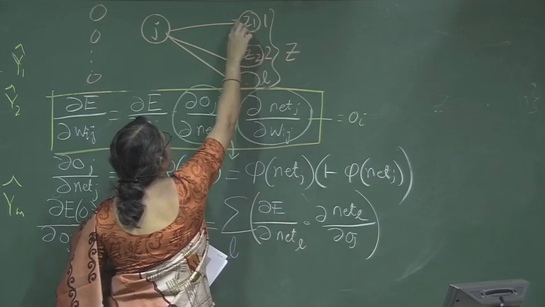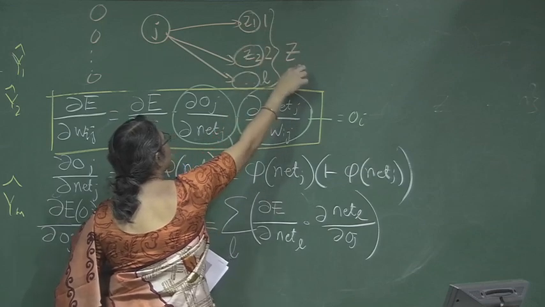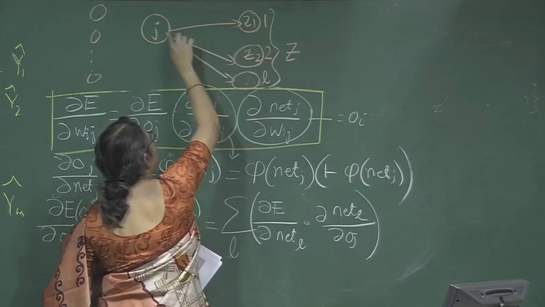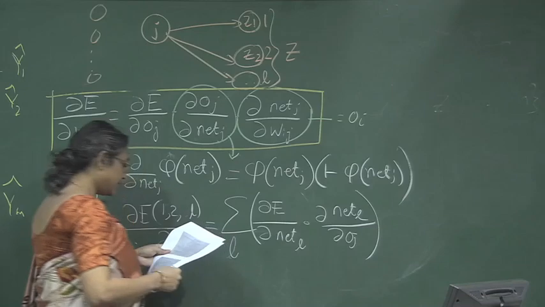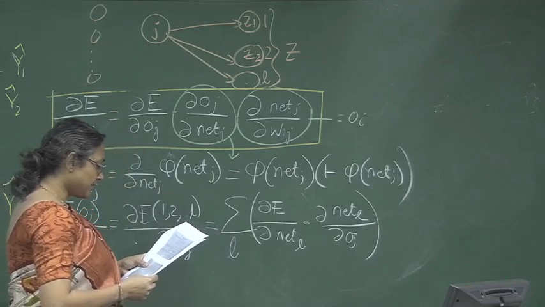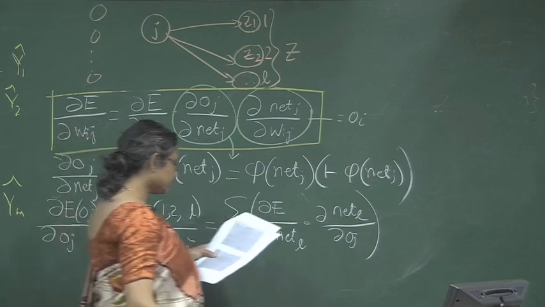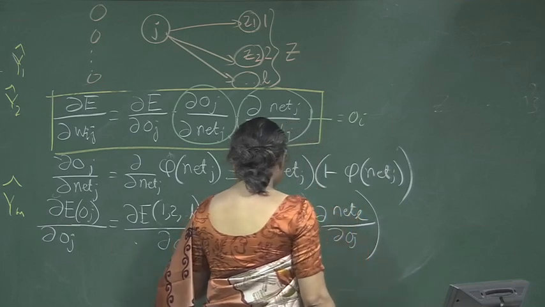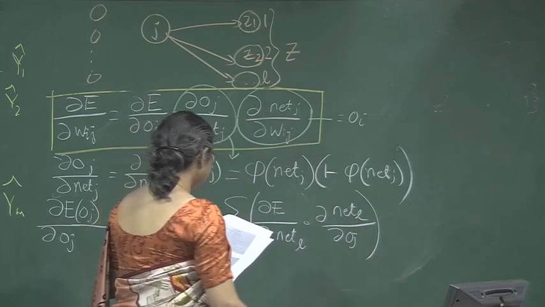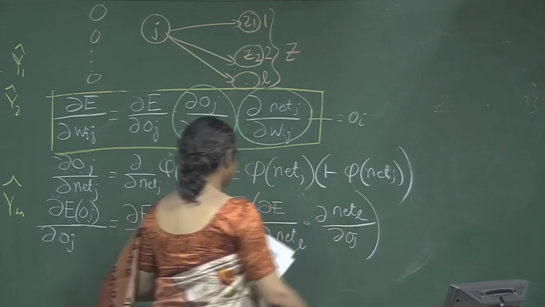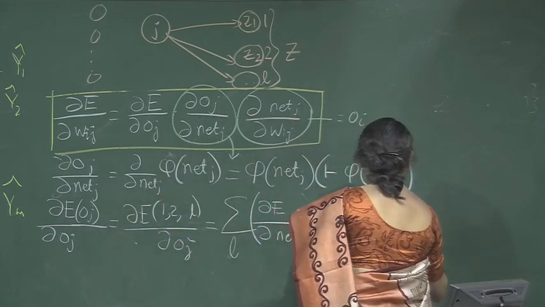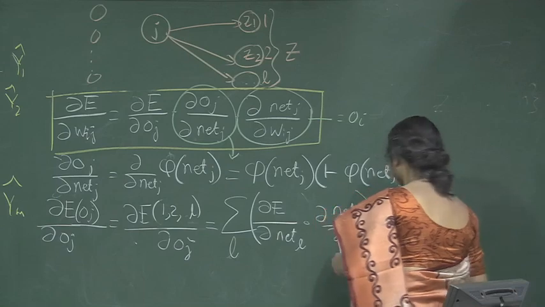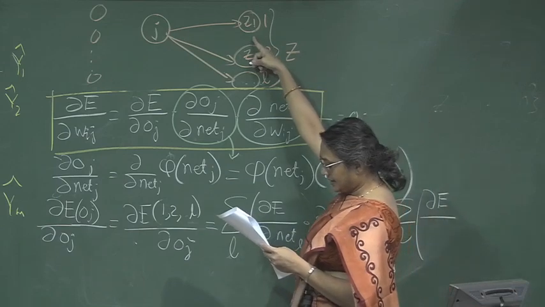So, for this node we have net 1 and then O1, net 2 then O2, net 3 and O3, and the output of this contributes to the net 1, contributes to net 2, contributes to net 3. Okay. So, now if we look at this, we can write this as summation over L del E by, so let us look at the output here.